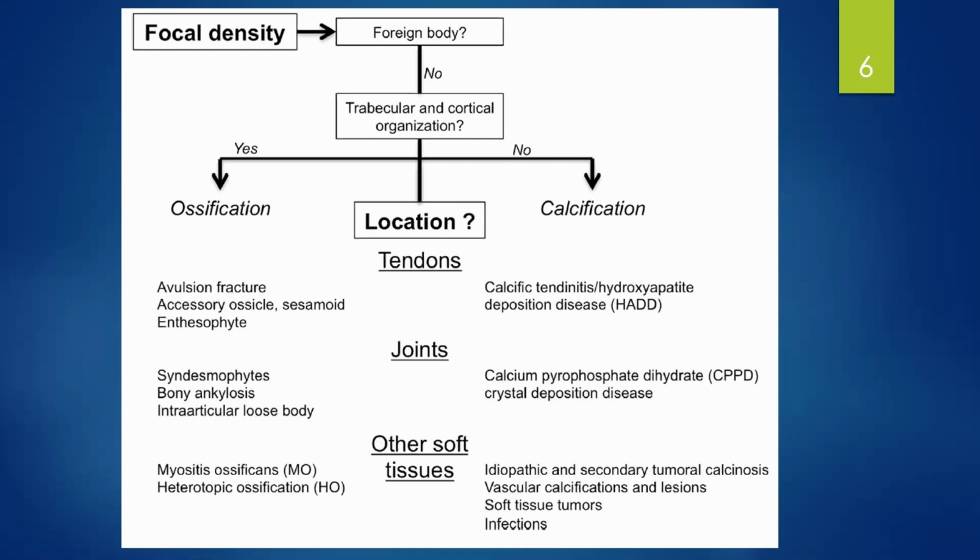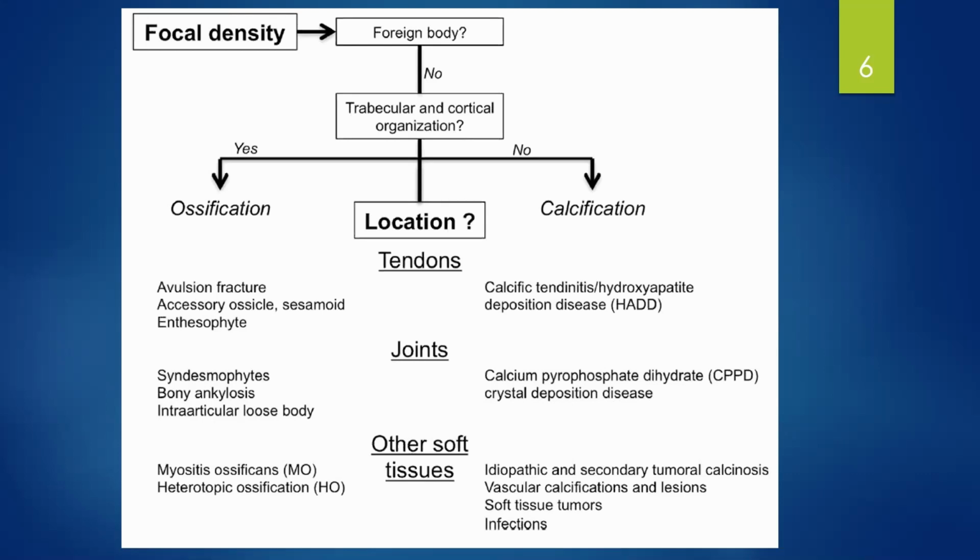When pathology occurs in the joints, ossifications form syndesmophytes, bony ankylosis, and intra-articular loose bodies. And calcifications in the joints most often are calcium pyrophosphate dihydrate crystal deposition disease.